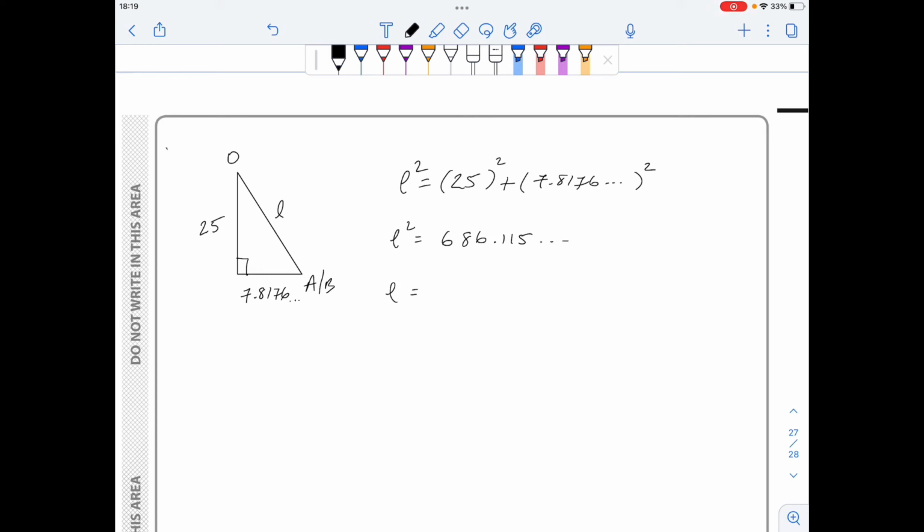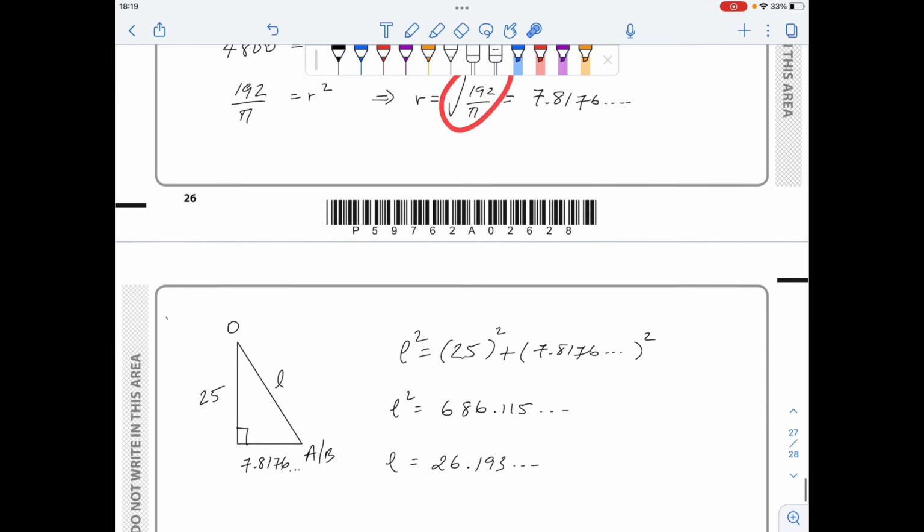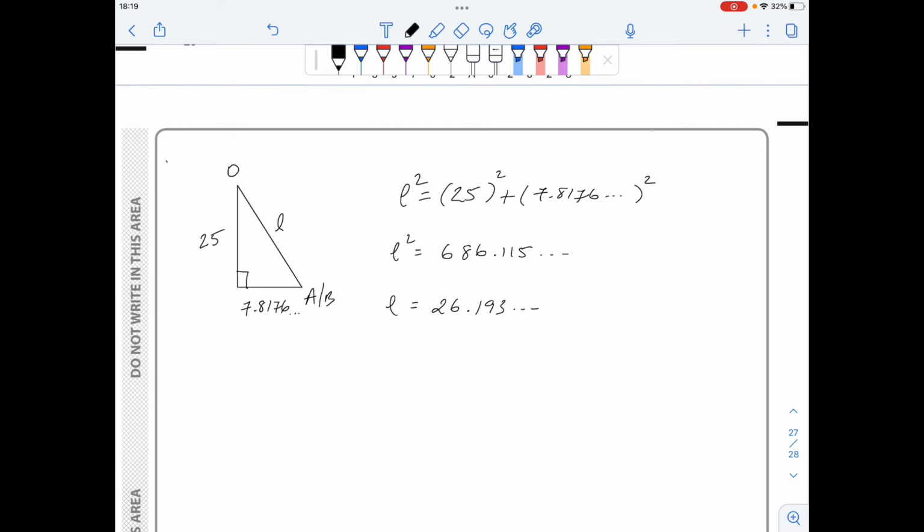L is the square root of this number, comes out to be 26.193 and so on. Now, if you used this expression, then the exact answer for this one comes out to be the square root of 625 plus 192 over pi.